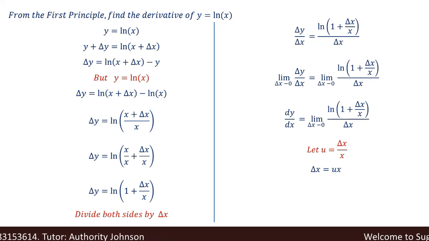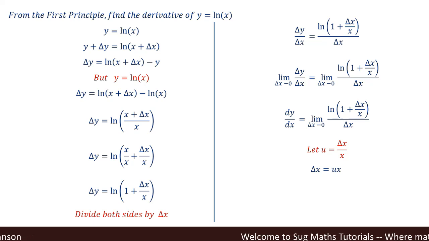So if it is doing away with change in x, what is going to be the new value for this change in x? We have that u is equal to change in x all over x. When we cross multiply, we're going to have that change in x is ux. So in this substitution, anywhere we see change in x all over x, we're going to replace it with u.